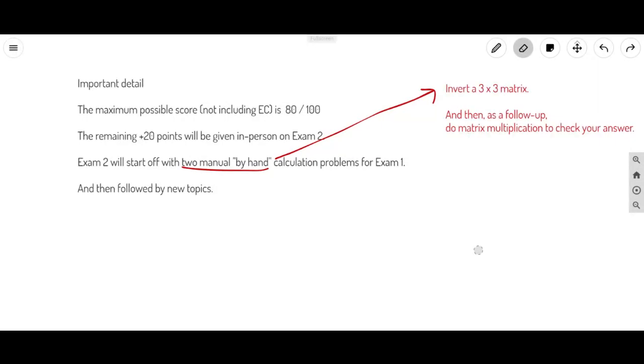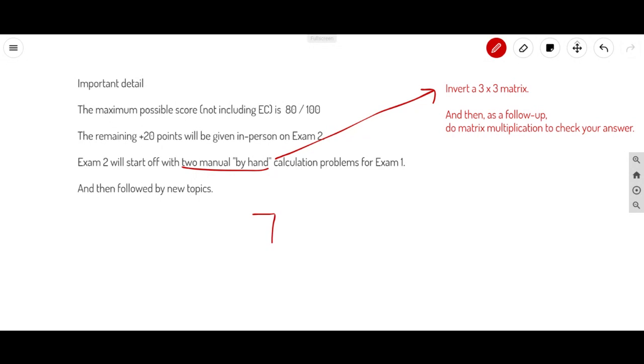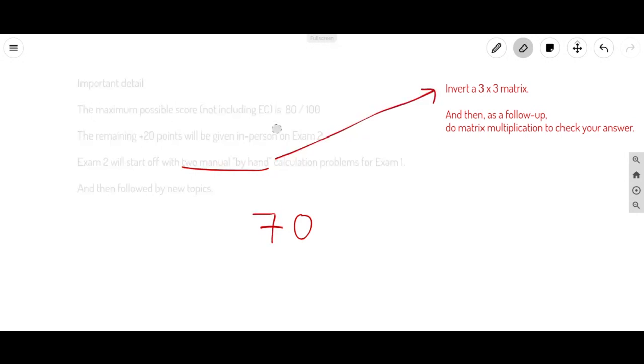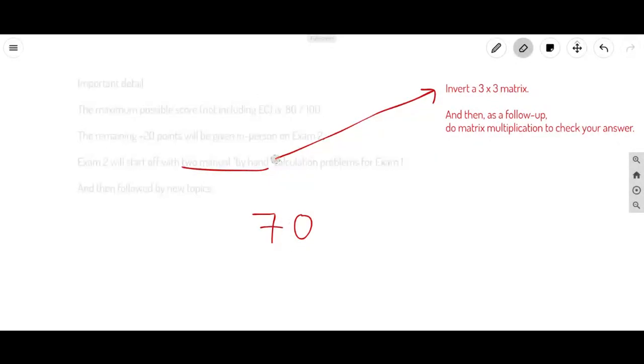And if you can do those 2 things, which I imagine almost everyone in this class can do, because that's the much more straightforward part, you would just add an additional 20 points on the exam. So let's say on this exam it says you have 70, and that includes the extra credit. Let's suppose you did the mandatory problems, but you only got 6 of them correct.